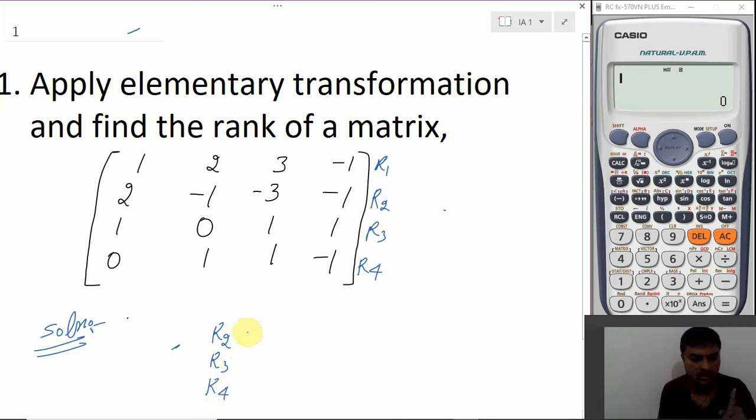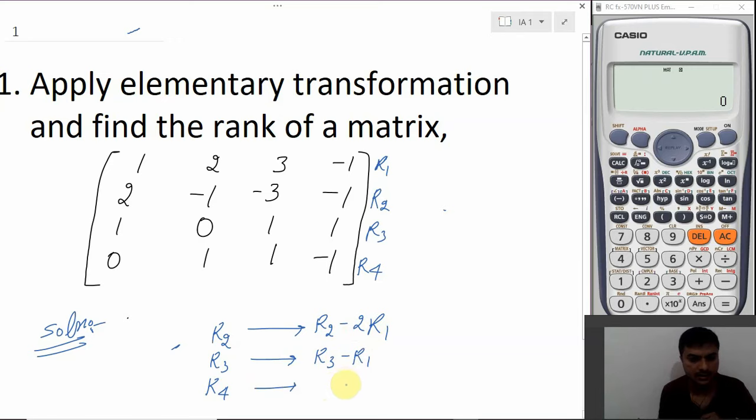So these 3 rows I have to make 0. This will be R2 minus 2R1. Just multiply R1 by 2 and subtract it, you will get 0. So it's very easy. Next we have R3 minus R1. That's simple.